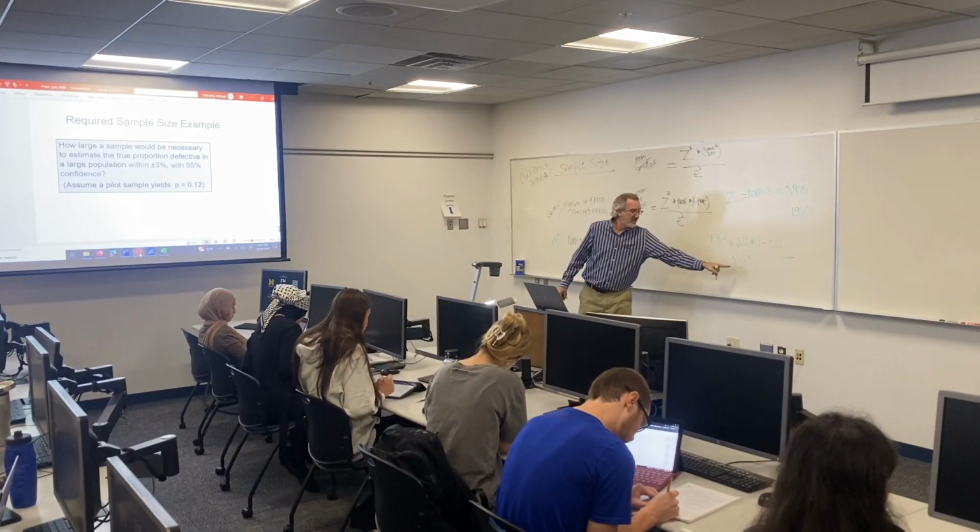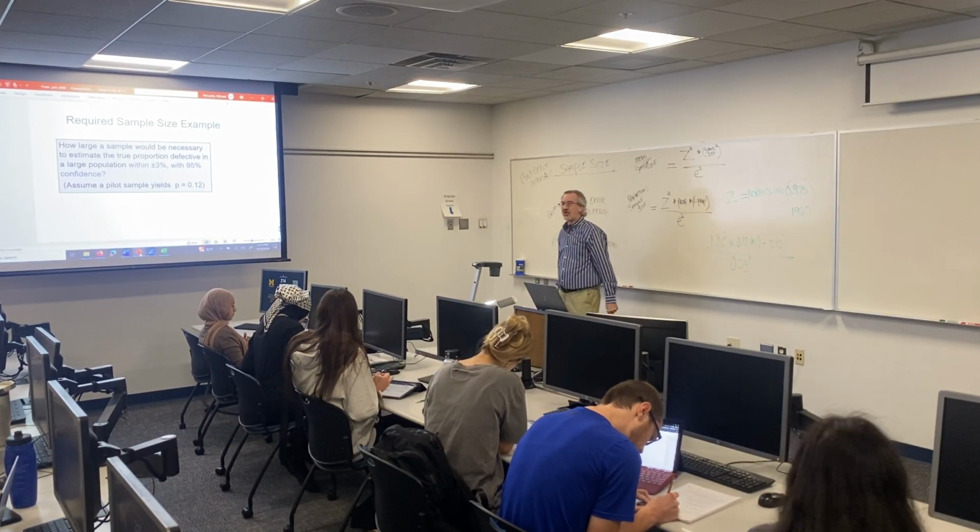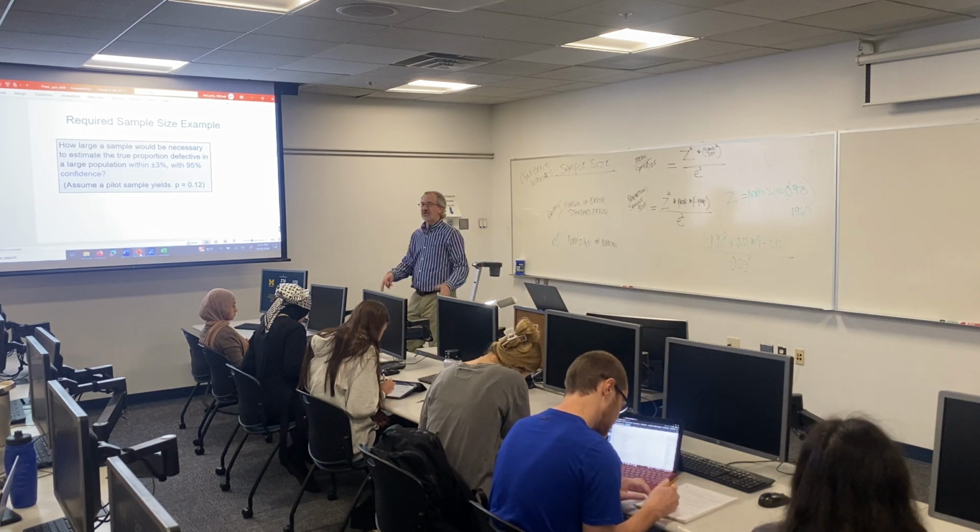Z is being squared, that error is being squared, and then your proportion. There's the setup. There's where most of the points are, right there.